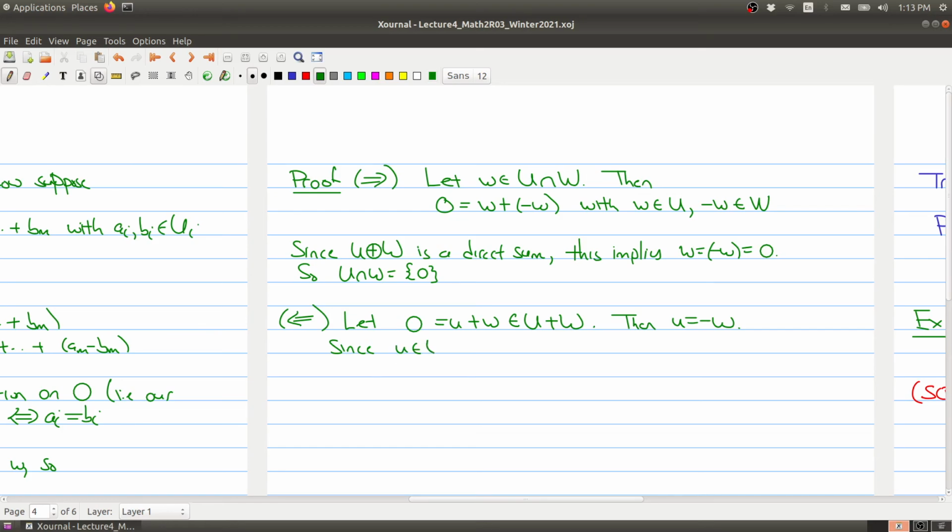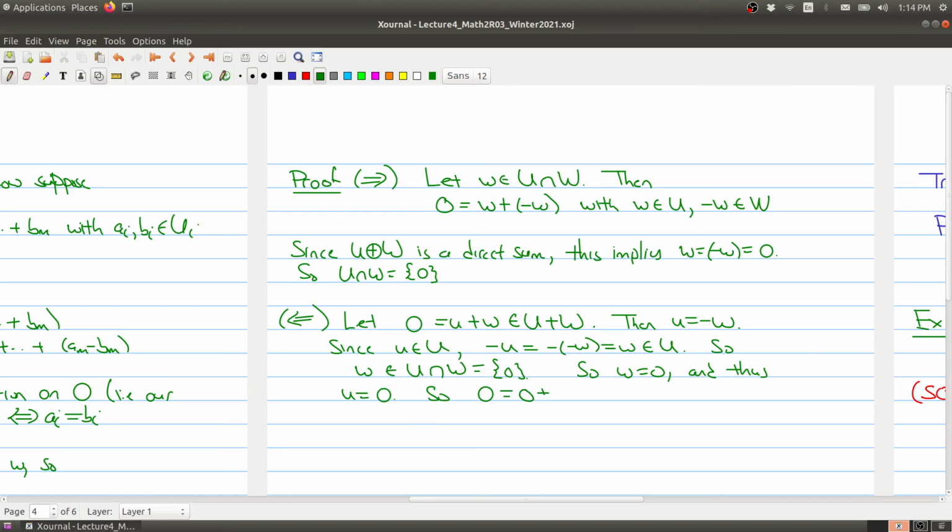Since u is inside of U, we have negative u, which is equal to the negative of negative w, which is equal to w, is inside of U. So we have that w is inside U and it's inside of W. We're given that the intersection is equal to 0, so w is equal to 0, and thus u is equal to 0.